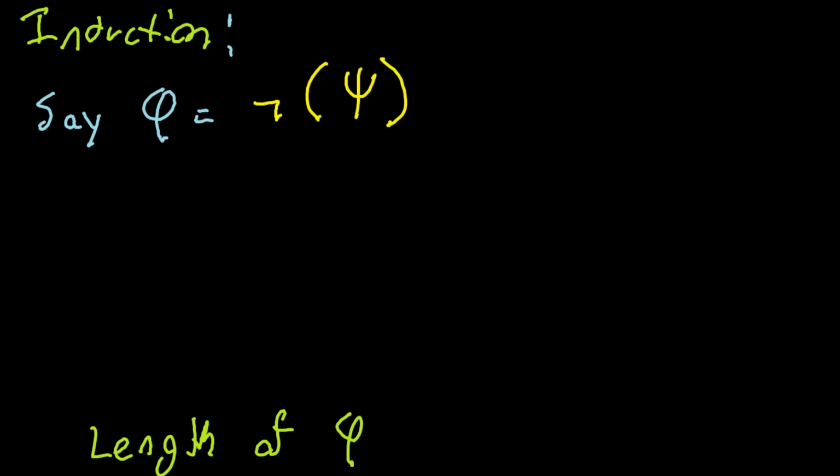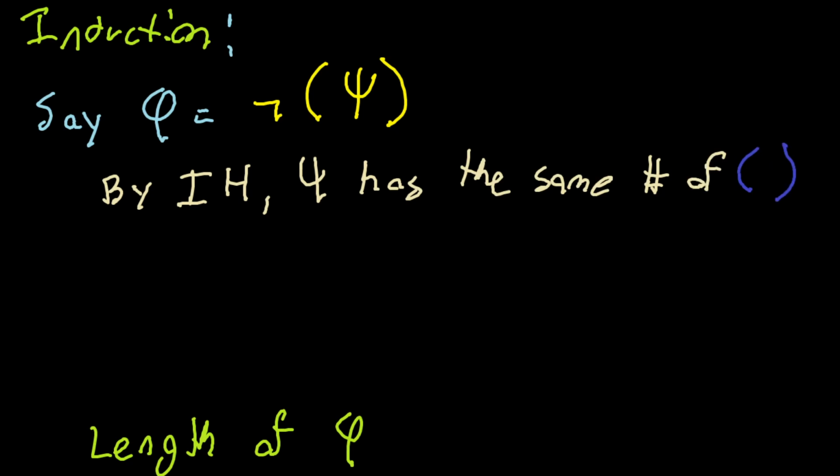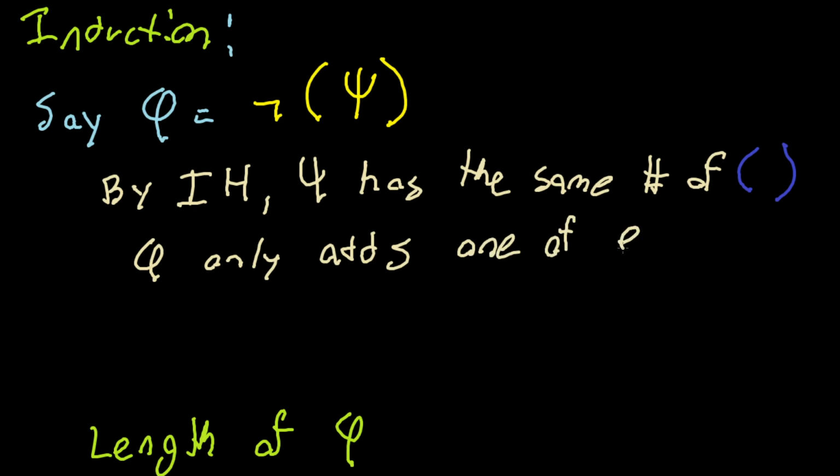Okay. So by the inductive hypothesis, psi has the same number of open and closed parentheses, and of course, phi only adds one of each.